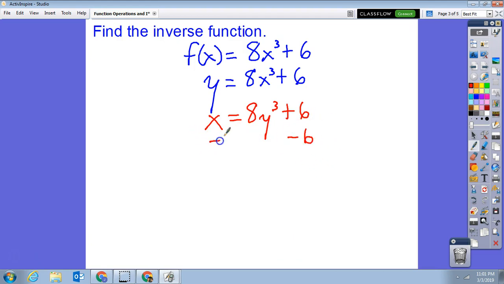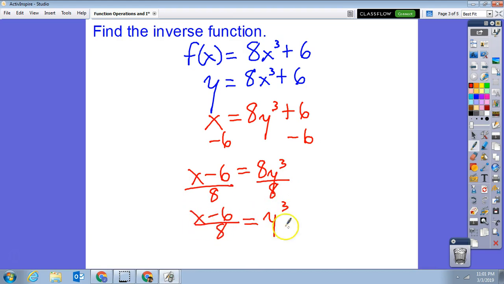Subtract 6 from both sides. Divide by 8. And then take the cube root of both sides.